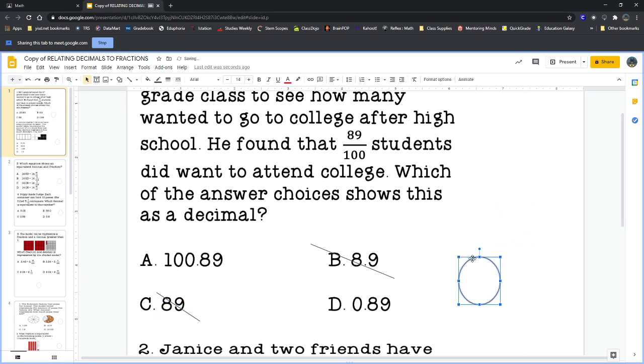I'm left with two answer choices, A and D. A says 100.89. D says 0.89.